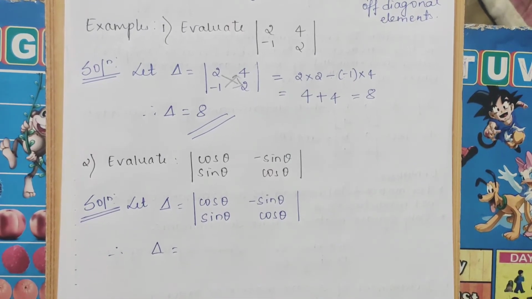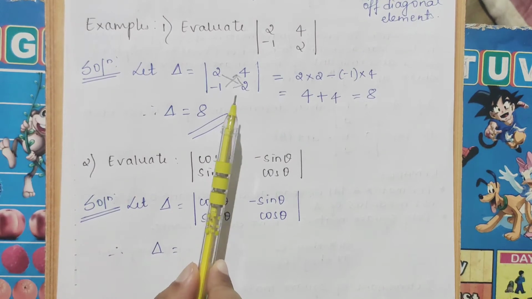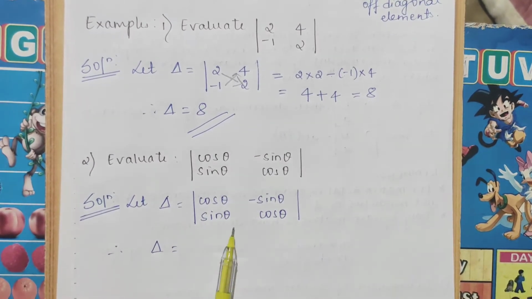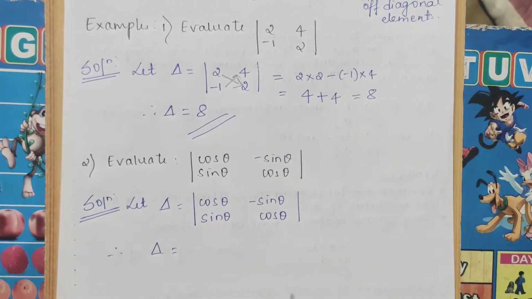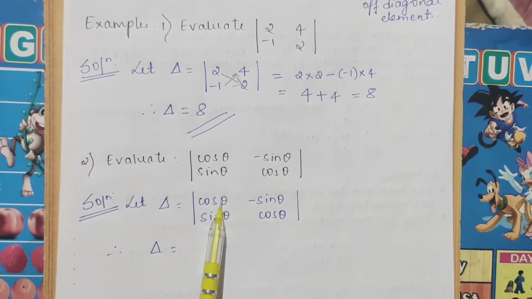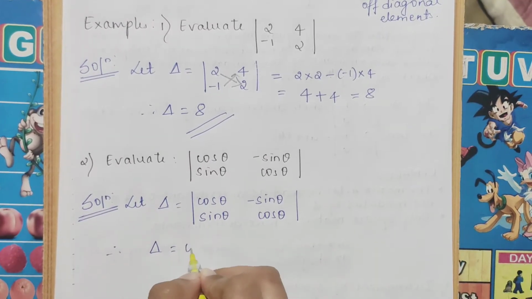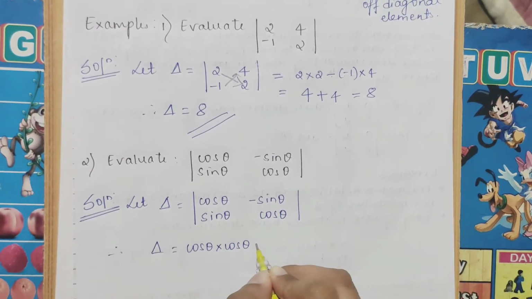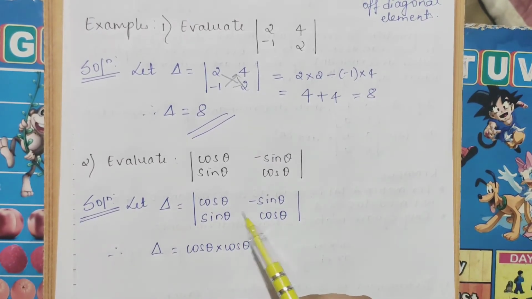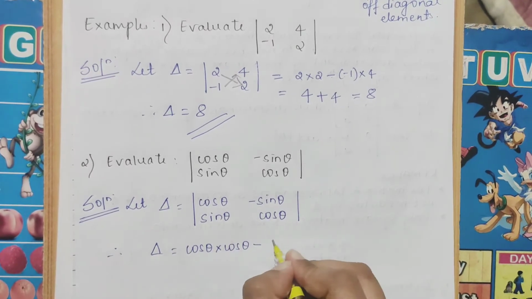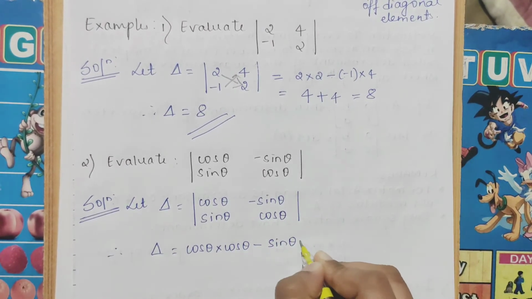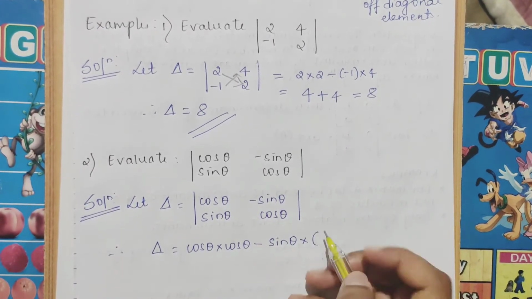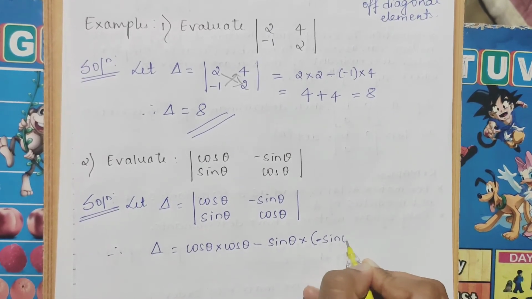Every time there is no need to draw arrows, I was just doing it to show you. Multiplying the diagonal elements: cos theta into cos theta, and then subtract the product of the off-diagonal elements: sin theta into minus sin theta. So please be careful of the signs.